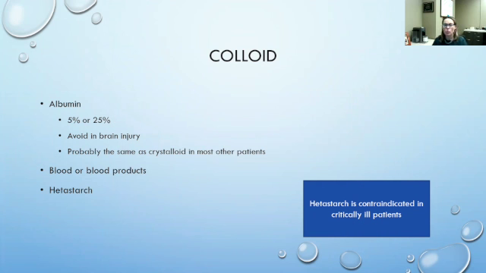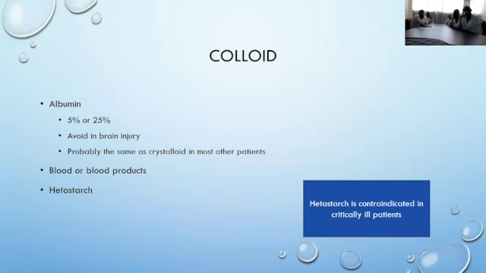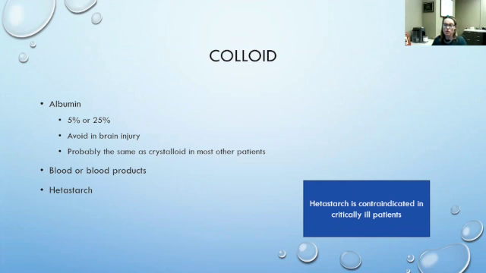There's one specific patient group that we should not use albumin in: people with brain injuries. Anyone with a traumatic brain injury or cerebral edema, we know there are studies that show that albumin actually increases their mortality.